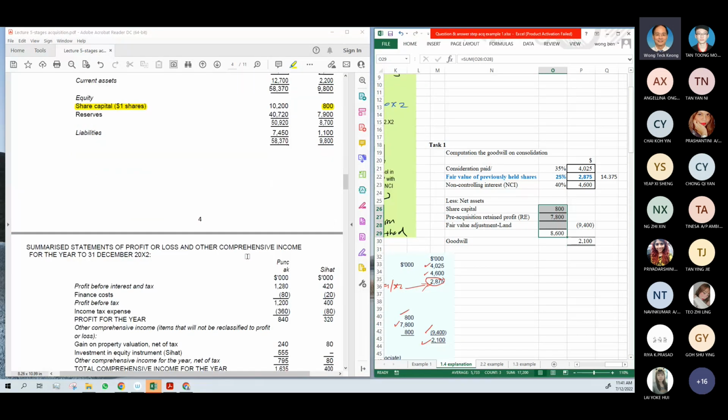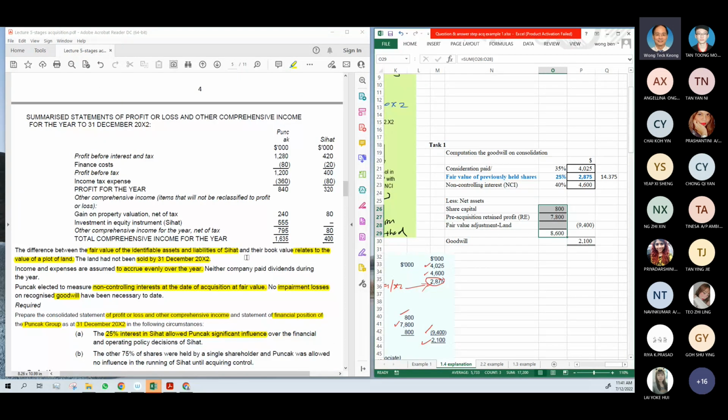They will tell you the difference between the fair value of identified asset and liability, 9,004, and their book value, 8,600, relates to the value of a plot of land. So now we know that this actually is land. Okay? Understand? Understand. Thank you. Yeah.